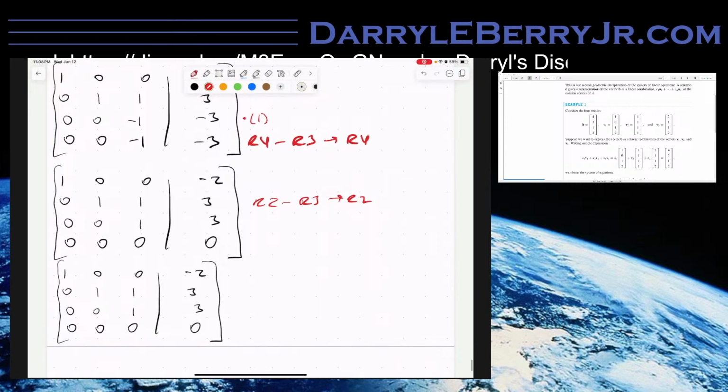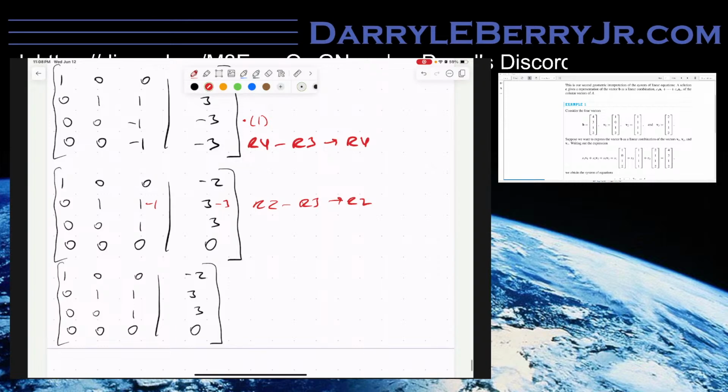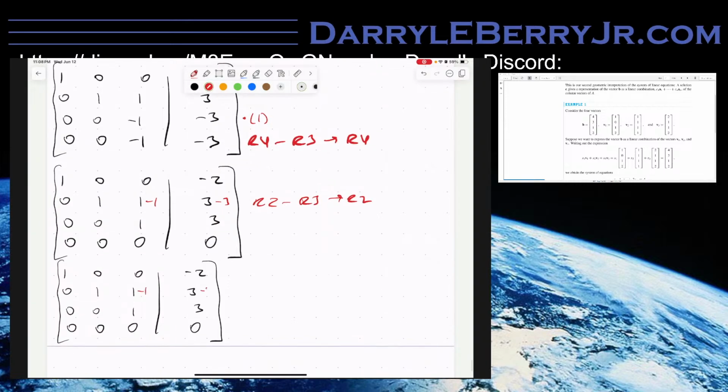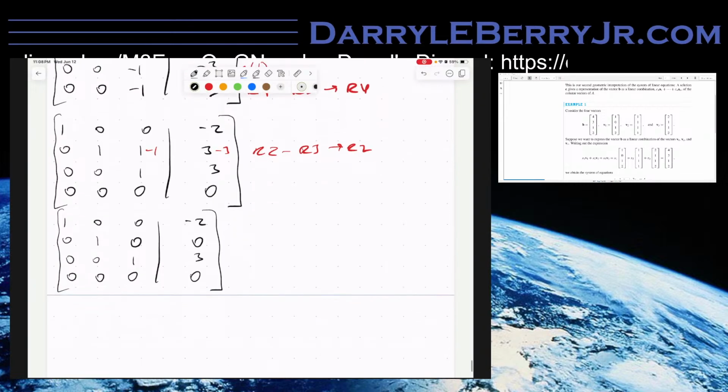So minus row 3, we have -1 minus 3, or -1 minus 3, we have 0 and 0. Right. So that will mean that, and it makes sense because this wasn't a variable. So we have alpha is -2, beta is 0, and gamma is 3. So let's see if that's the book solution.